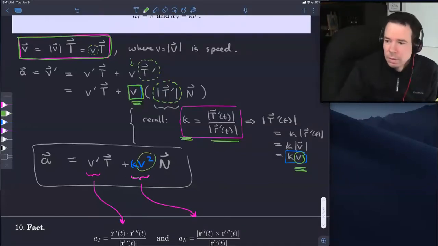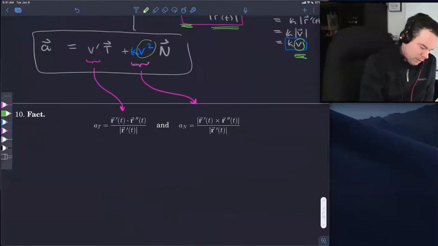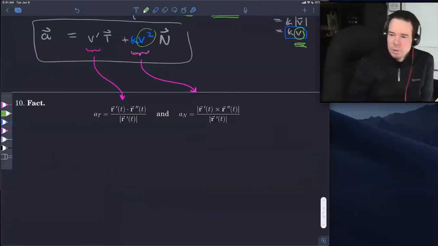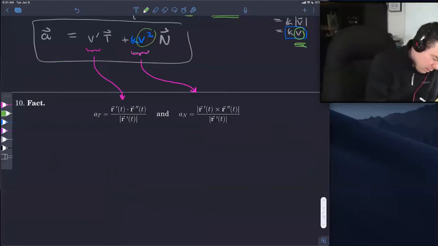Good question. All right, so let's go ahead and derive these formulas. Why do the dot product and the cross product have any purpose cropping up here? Let's see. The first thing we're going to do is start with our acceleration vector.